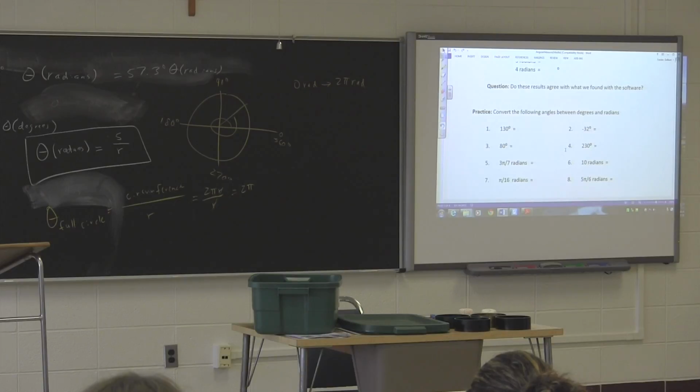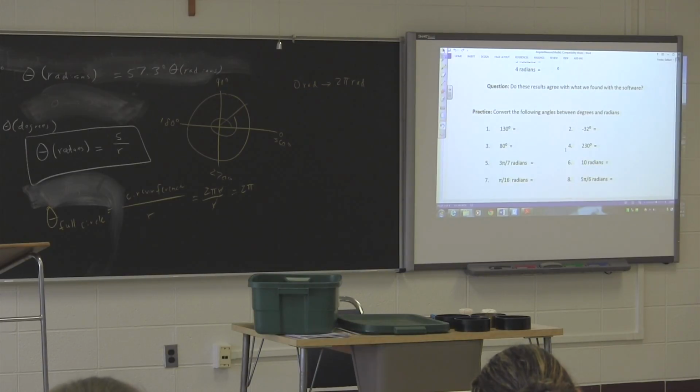How about minus 32? Negative 0.56 radians, okay? And in terms of pi, what would it be? Minus point 18.